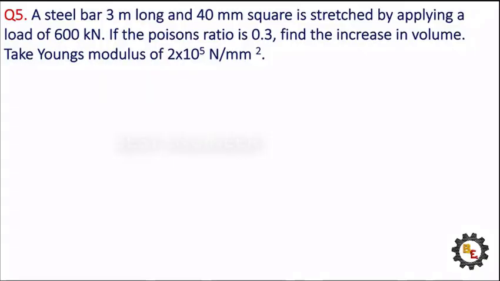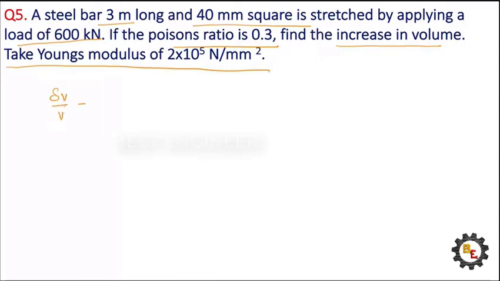Next, a steel bar of 3 meter long, 40 mm square, is stretched by applying a load of 600 kilonewton. Poisson ratio is 0.3. Find the increase in volume. Take Young's modulus equal to 2 into 10 power 5 Newton per millimeter square. Now, volumetric strain, change in volume divided by original volume, is equal to strain into 1 minus 2 by m.